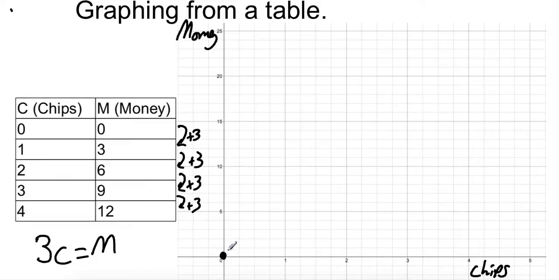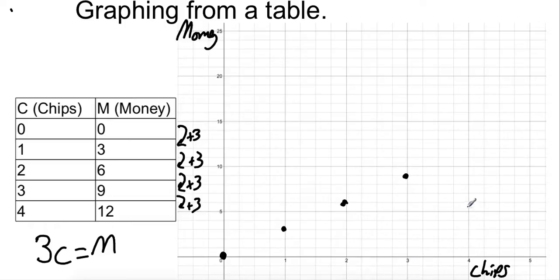So 0 chips, $0. If I buy 1 bag of chips, that's $3. So I go to 1 bag of chips and I go up until I reach $3 over here. 2 bags of chips, that's $6. So I'm going to go all the way to 2 and jump all the way up here to represent $6. And then again for 3, I want to go to 3 bags of chips and go up to $9 right over here.